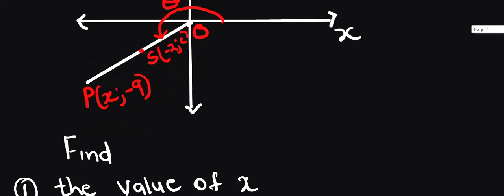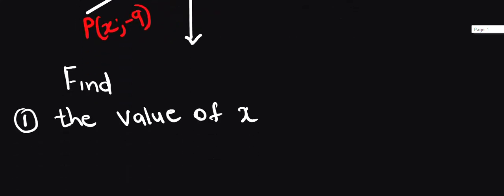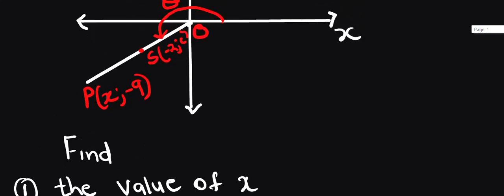Let us check the questions now. The first question says find the value of x. This is the x that they are talking about. We need to find the value of x in the coordinate P.